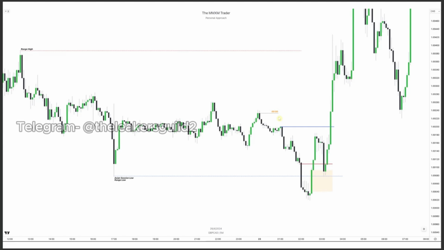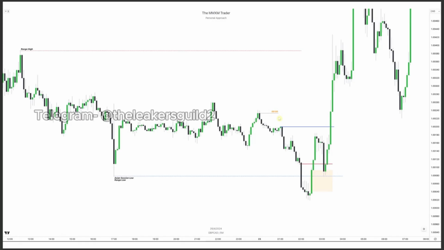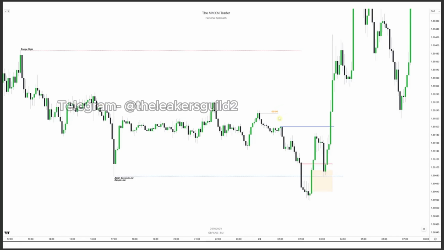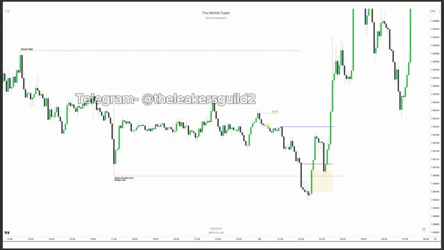So how does that look like? If we zoom in a little bit more, where do we catch an entry? So this is the GBP CAD 5-minute chart, right? And think about what we want to see with that 4-hour candle, right? We want to either see a higher time frame key level hit, or a previous session low, or a previous 4-hour candle low, and then we're going to trade the distribution up higher. So over here we can see, if we map out New York midnight opening price, right, we want to be a buyer below it.